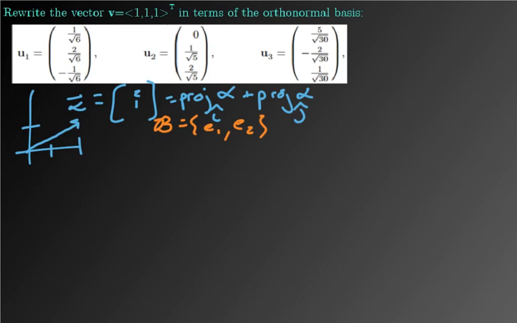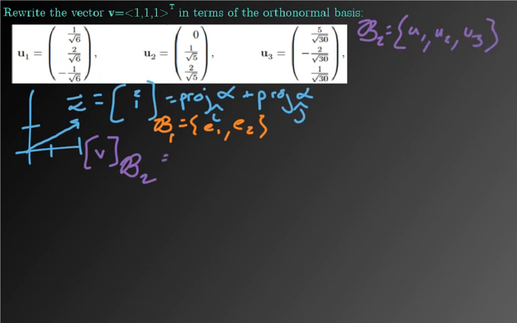Basically we're going to write V, and this is the correct notation. I'm just going to call it B2, because I have B1, let's say, up there. So basis 2 is the set U1, U2, U3.